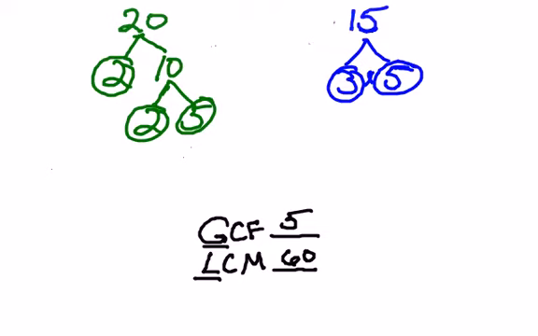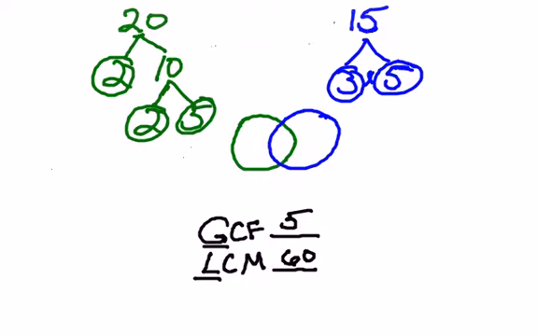Now what we would do is we would draw a Venn diagram. There's my circle for 20, and here's my circle for 15. Now if I put in my prime numbers, let's look at the one number that is in both of them.